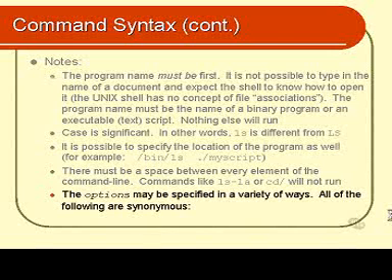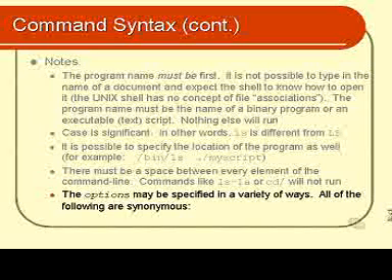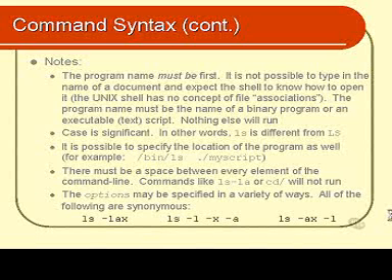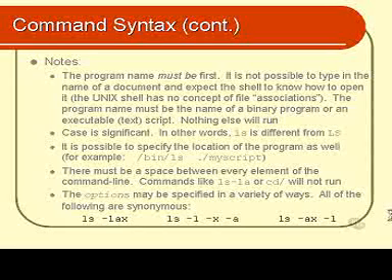When you're specifying options, you can specify them in a variety of ways. All of the following are synonymous. You can say, for example, ls -lax, which is exactly the same as saying I want three particular options to be included in my running of the ls program, the -l option, the -a option, and the -x option. You can specify them all together with one minus sign, or you can break them up.